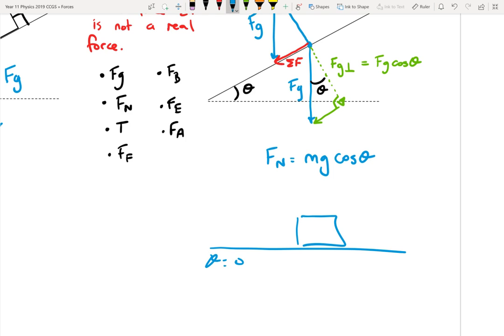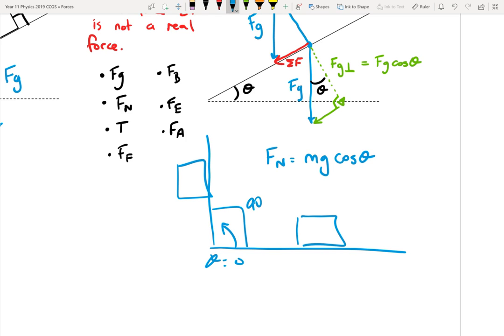Let's look at it another way. Let's rotate the angle so that it's 90 degrees and place the box there. In this case, the normal force would be mg cos of 90, which is 0. So have a think, on a vertical surface, there's no normal force because the weight force isn't pushing into the surface, and so the surface does not need to push out.